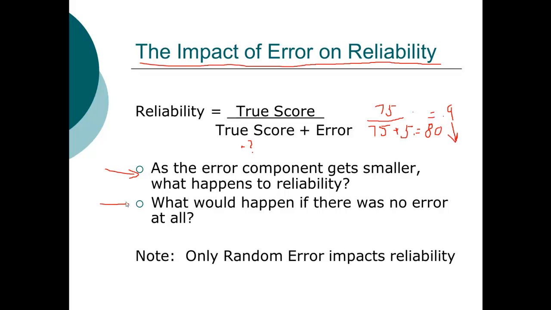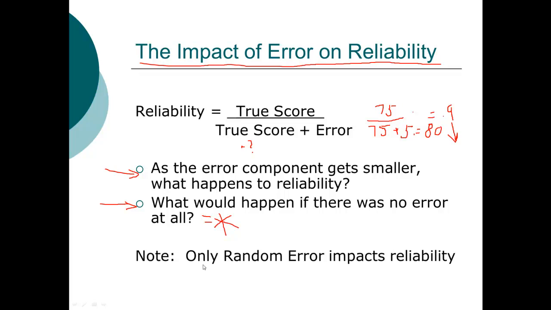Now the question is, what would happen if there was no error at all? It was 0, it would equal 1. It would be perfect. But chances are you and I aren't going to see that.